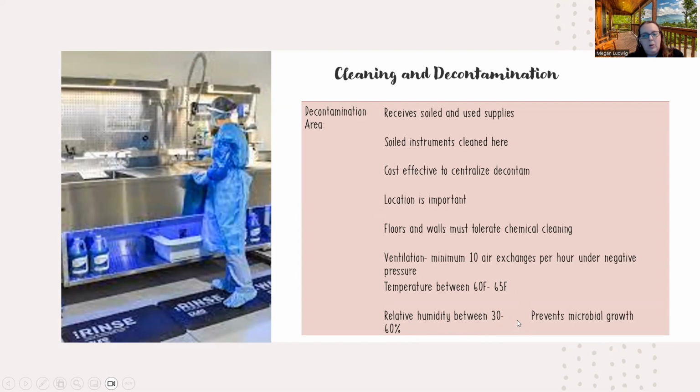So anything higher, especially like 70, 80, 90%, really starts to allow bacteria to grow in that moist environment. The more humid it is, the more moisture there is in the air, and you don't want that. You're going to get wet items, bacterial growth. You don't want that. Anything below 30 is going to promote more static electricity, which you also don't want. Okay, so that's kind of a fine line there.